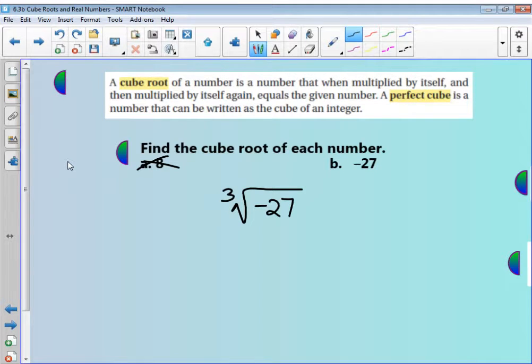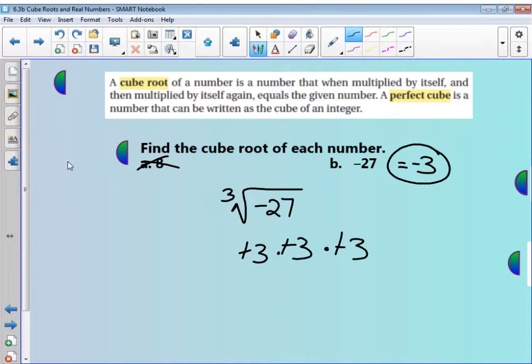Well, obviously it's not 2. It's got to be bigger than 2 because that was 8. So let's try 3. Negative 3 times negative 3, that would give me positive 9. Times negative 3, well, 9 times 3 is 27. I have 1, 2, 3 negatives, so that would be negative 27. So our final answer here is negative 3. Negative 3 is the cubed root of negative 27.